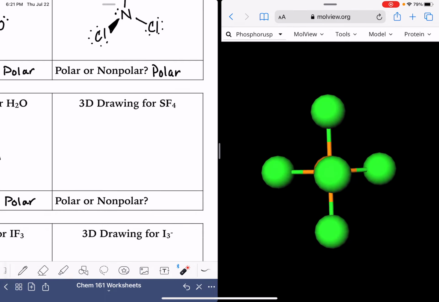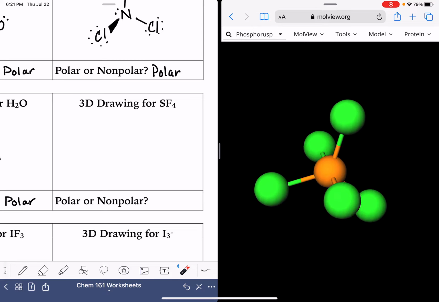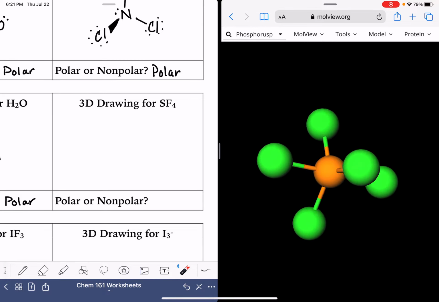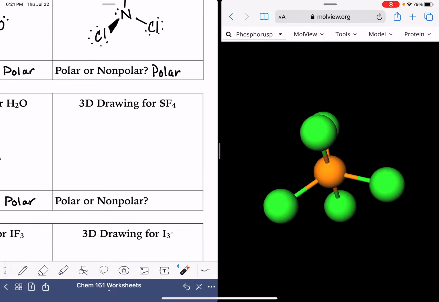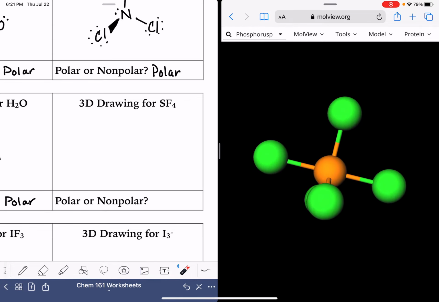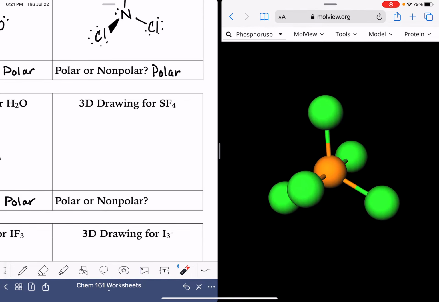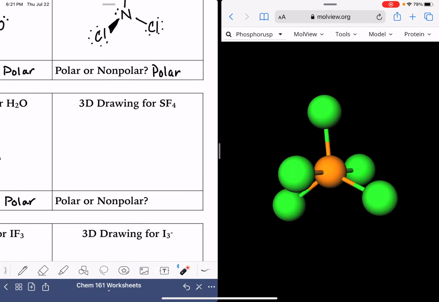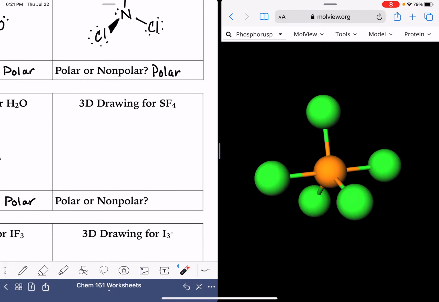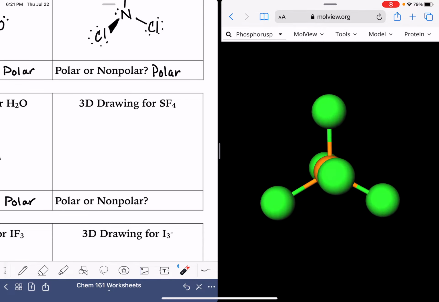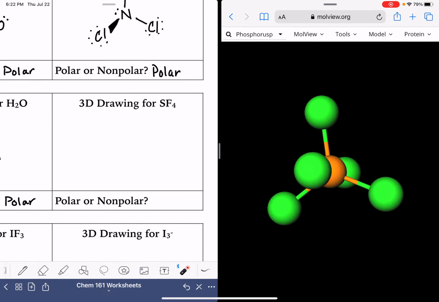And in addition to those 3 green spheres, we have 2 more green spheres. The way I'm holding it, they are 180 degrees apart from each other. They are in a line. We're looking at the green sphere on the left versus the green sphere on the right, and if I rotate it, you can see that they're in a line with that orange sphere in the center.